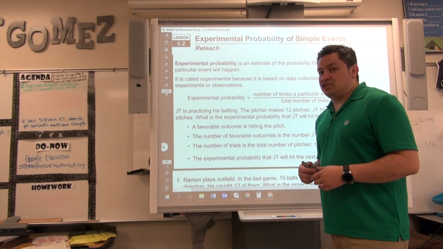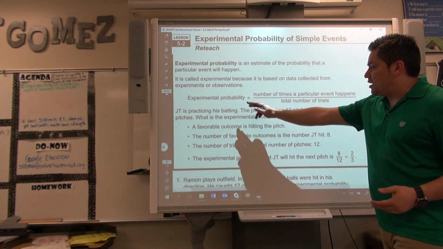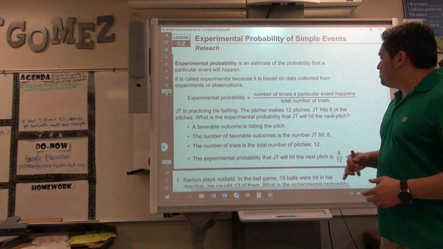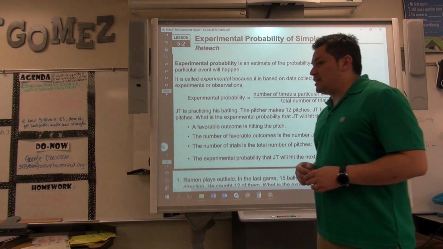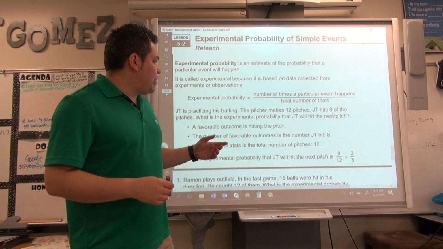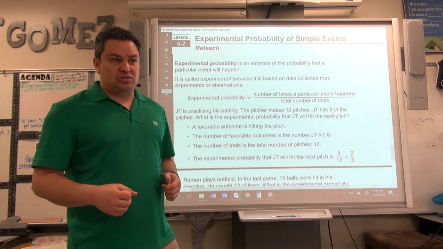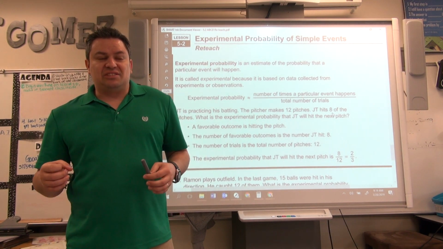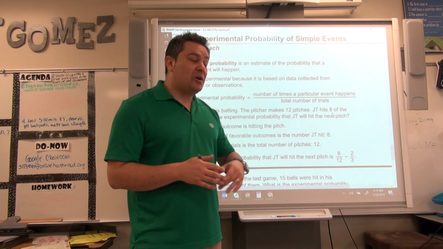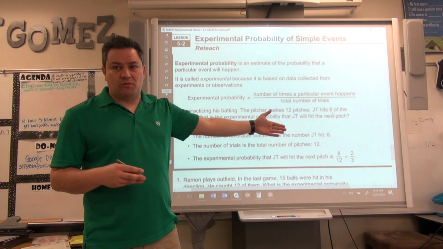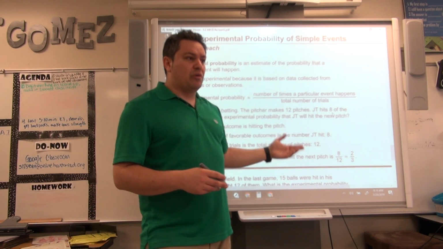Now the formula, just like on the other one, is the number of times a particular event can happen divided by the total number of trials. So it's just a little different wording than before, but it's still part over total.